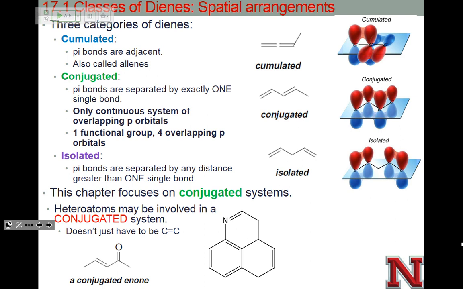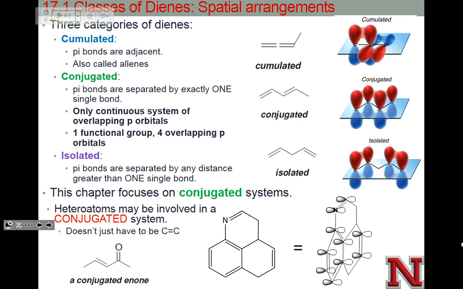Now this pi bond is isolated because there's an sp3 carbon and an sp3 carbon. So we don't have conjugation with that double bond. You can see those isolations right here. We don't have p orbitals there.